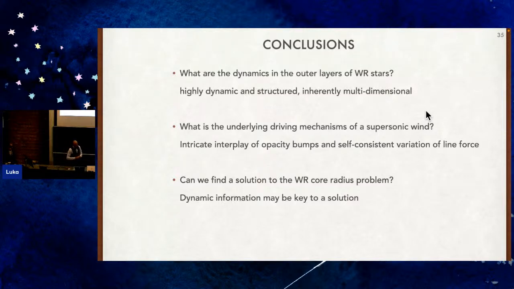Secondly, that the radiation winds, in this case, are driven by the intricate interplay between different kinds of opacity, such as opal opacity or static opacity, and opacity coming from dynamical effects. And I hope you have some initial guesses on what might be the solution to the so-called core radius problem.